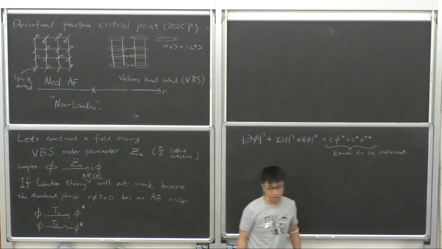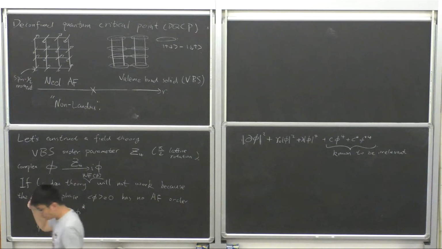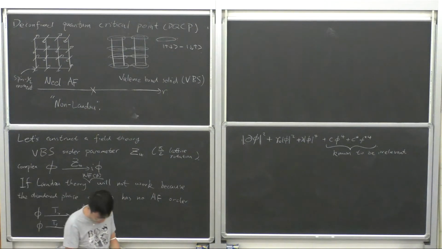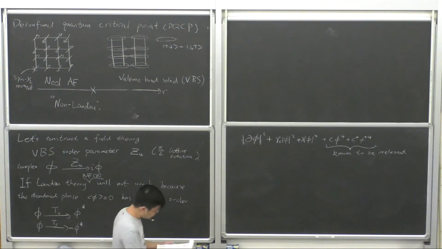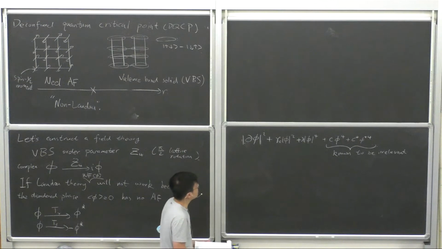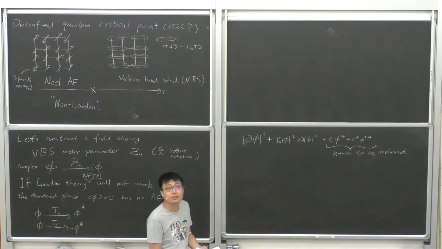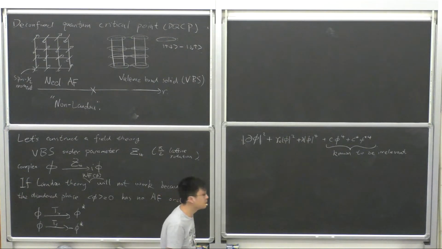There was some fairly old Monte Carlo data that indicates that it's irrelevant. Which means if I do that, then it's just the O(2) Wilson-Fisher, which we spent a lot of time talking about over the past several days.